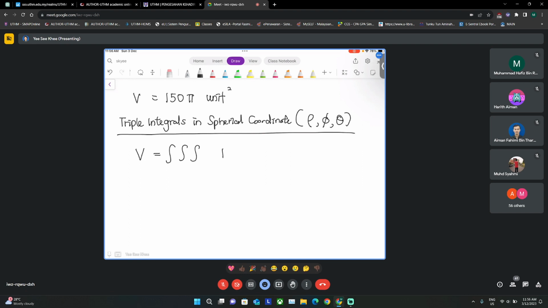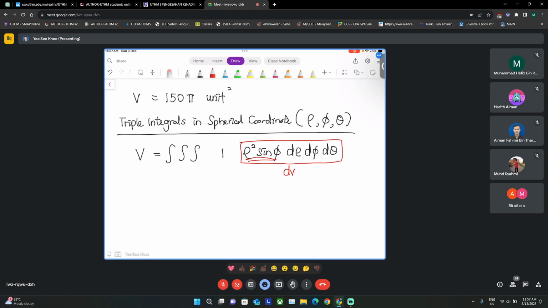Here in the middle, it is still 1, but you have to multiply with rho square sine phi, d rho, d phi, and d theta, just as written in your module. This is the expression that represents the dv for spherical coordinate. These two terms will always be there.